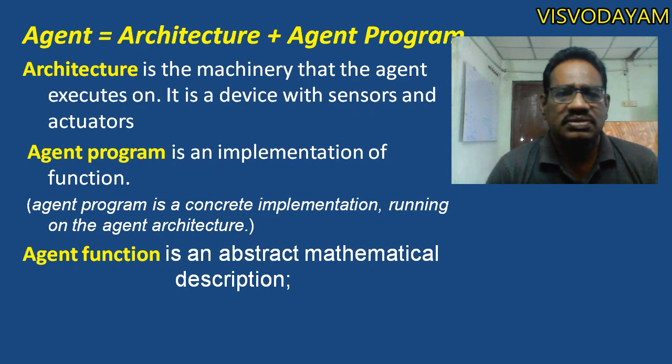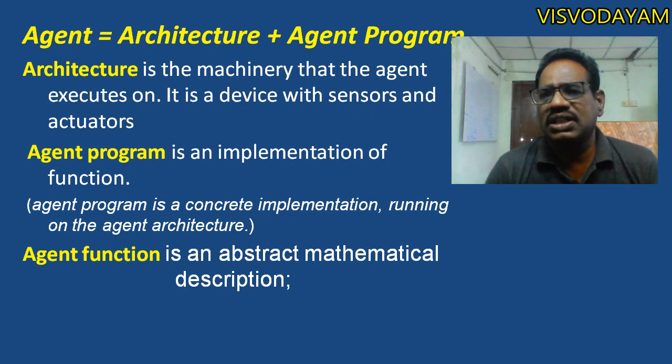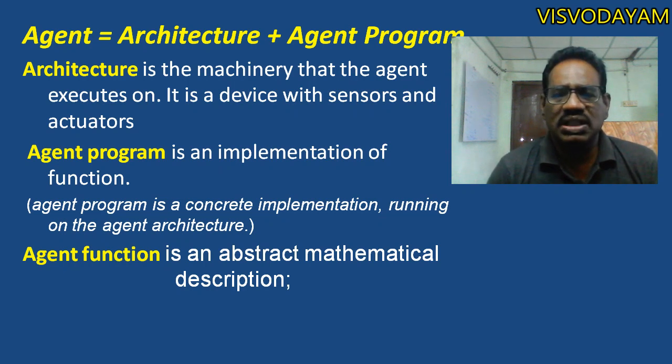Architecture consists of the machinery, which includes the sensors and the actuators, and the agent program is the implementation of the agent function. What does the agent function mean? It is an abstract mathematical description of what to do, and under what conditions it has to do certain things on the environment. So based on the data observed from the sensors, the agent program will give instructions to the actuators. This program is developed from the mathematical description, that is, the agent function.